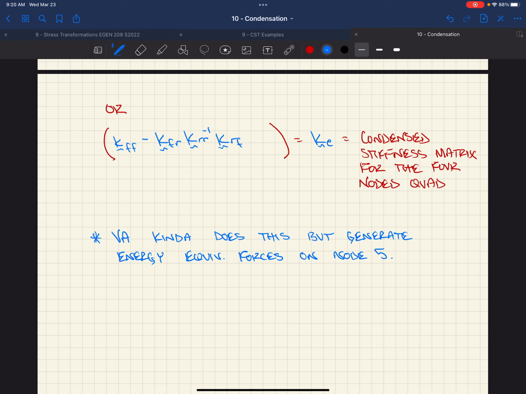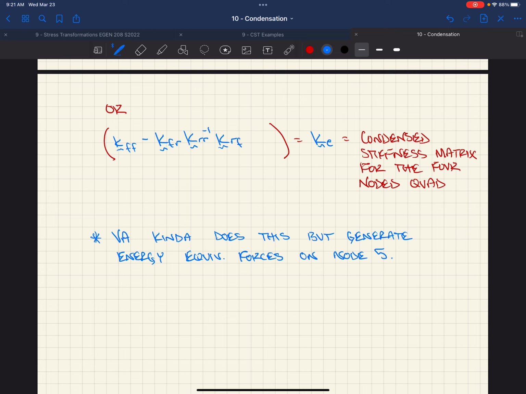And it provides you with the results for that node also. And so VA is using this in the background. Okay? And yes, they don't use the CST element. They end up using the Ullmann triangle.